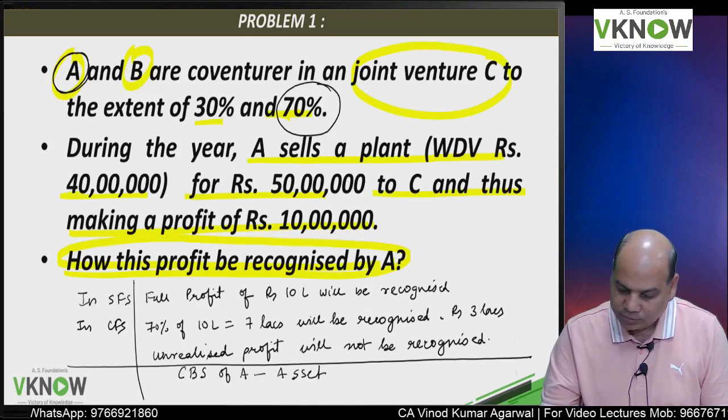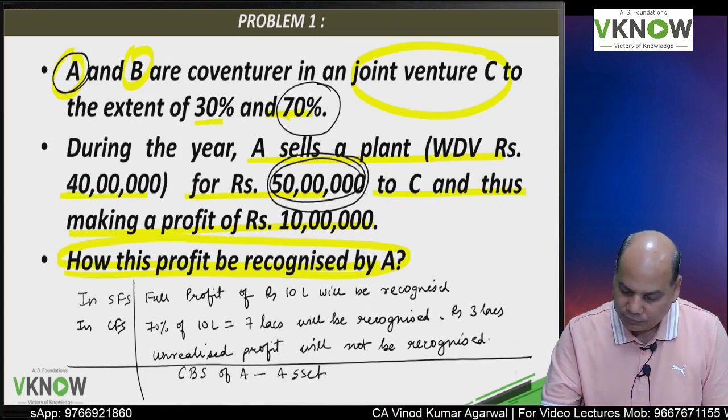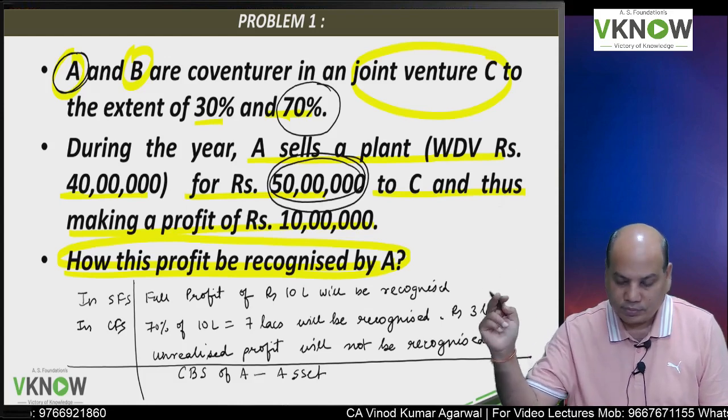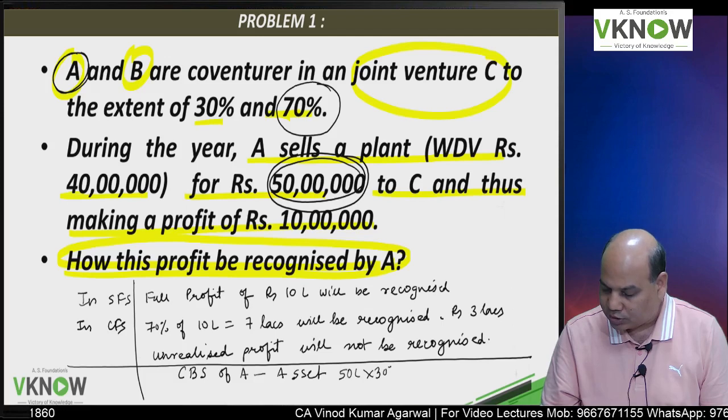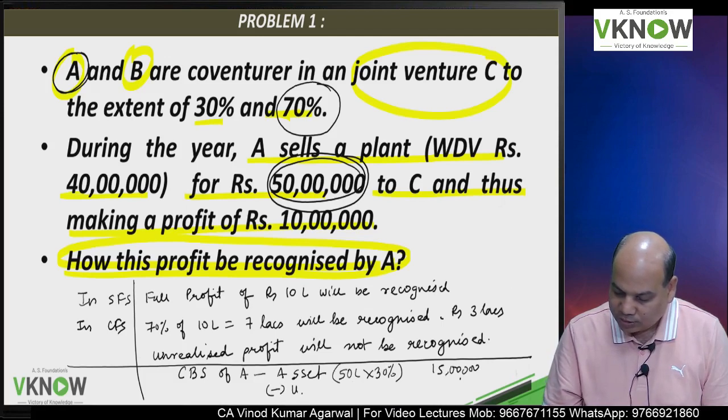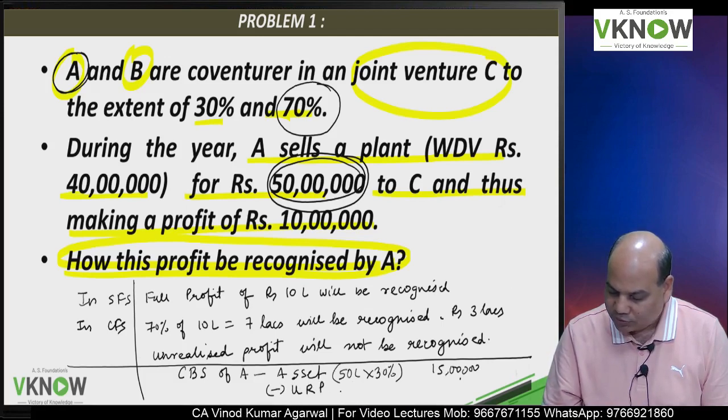This is 50 lakh in the books of joint venture. So 50 lakh into your share 30% in the asset, 15 lakh. But you are going to eliminate unrealized profit equal to 3 lakh.